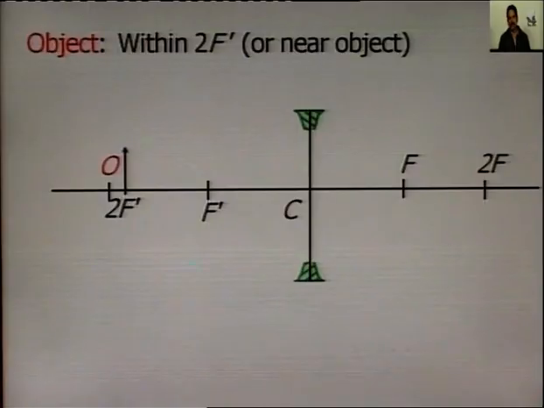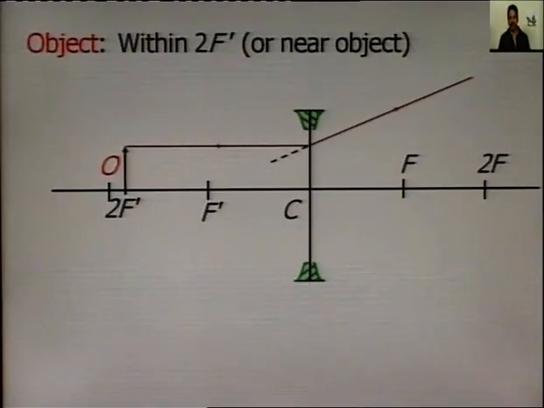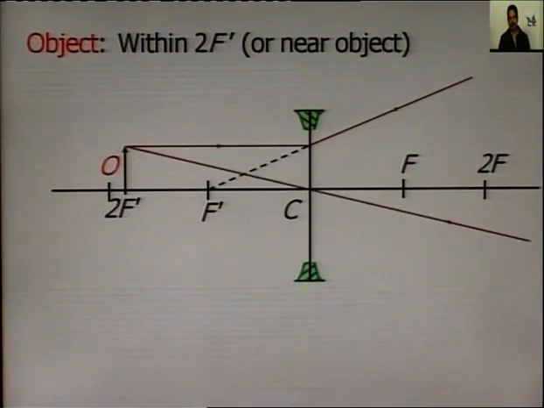When the object is within 2f, that is between f and 2f, in that case a parallel ray of light will be refracted in such a way that it will appear to be coming from the focal point of the lens. The ray of light passing through the optical center will move undeflected and they will appear to be coming from a point.